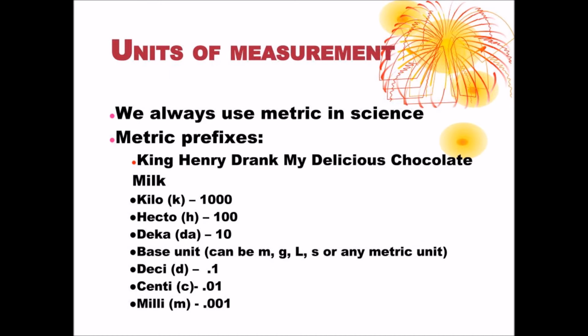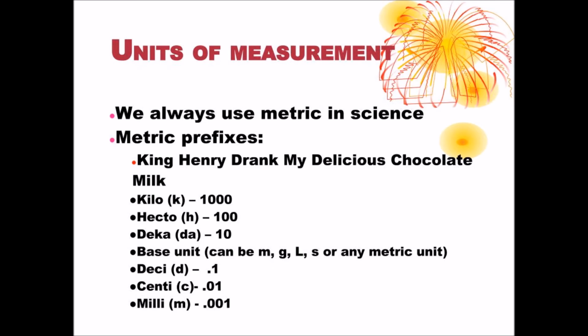You can take any metric measurement and multiply it or divide it by powers of 10 to get additional metric measurements. So the base unit for a metric measurement might be the meter, the gram, the liter, the watt, the second, or the joule. You can multiply the base unit by times 10 and get a decagram. A decagram is 10 grams.